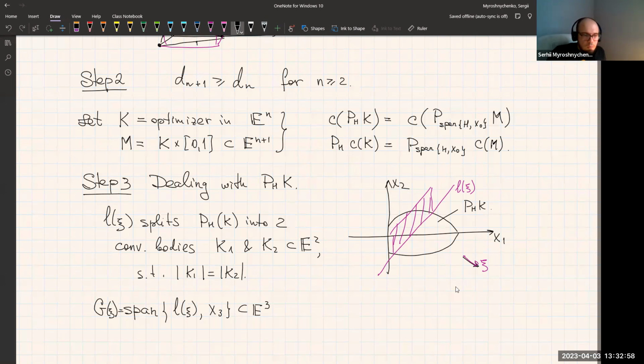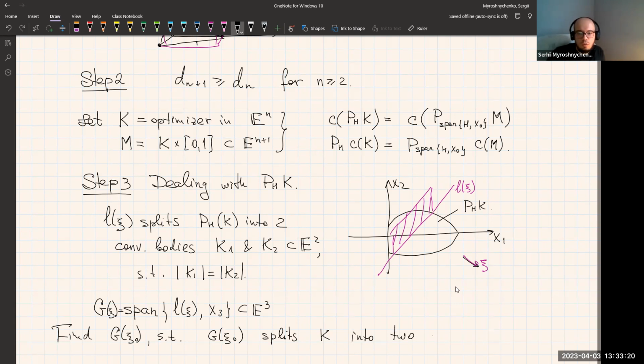What I'm claiming is that we can find G psi, for some particular direction psi naught, such that G psi naught splits my convex body K into two convex bodies, whose projections are K1 and K2, of equal volume.